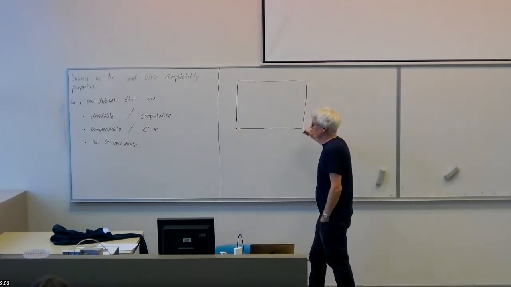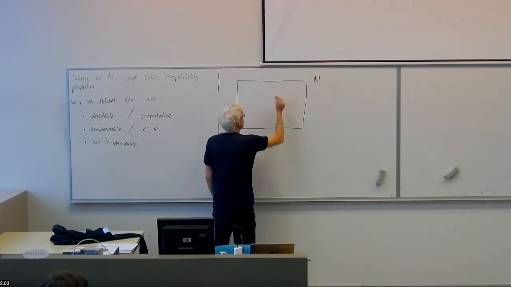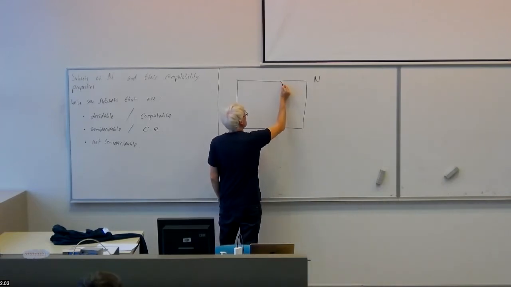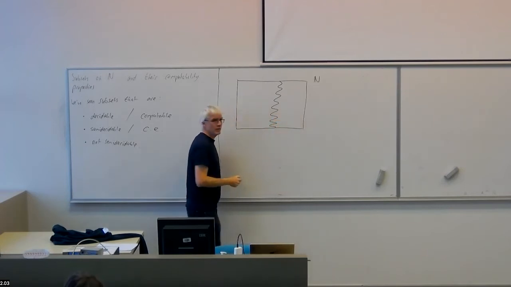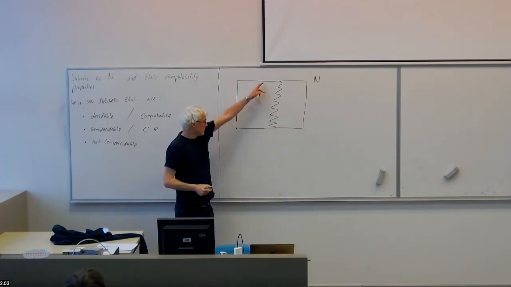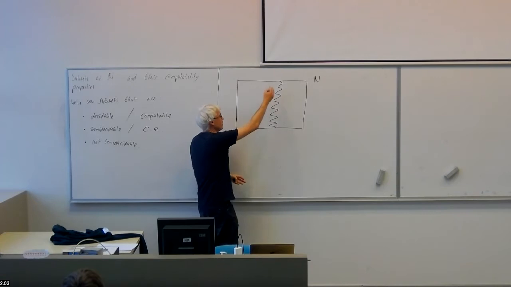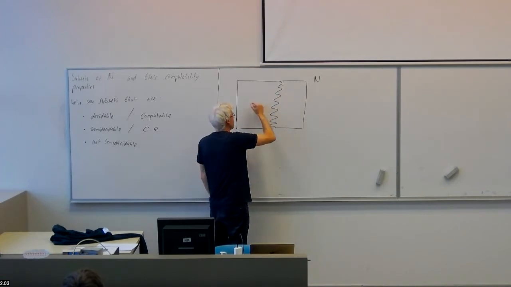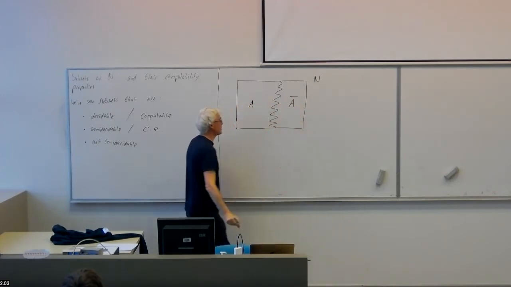So this box here is a set of natural numbers, and let A be some subset of it. We're going to put a kind of jagged edge around A, which is supposed to indicate that it's maybe not a very nice, very well behaved set. It's got a kind of awkward boundary, so it's hard to tell whether a number belongs to the set or is outside the set. So here we have A, and here we have its complement.